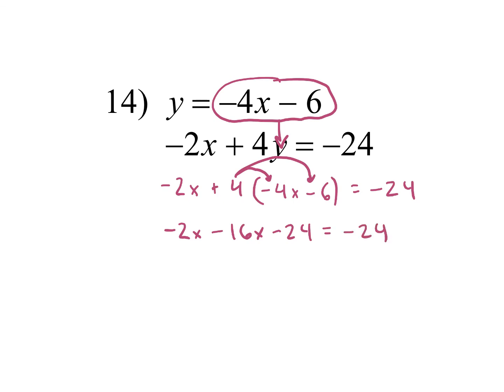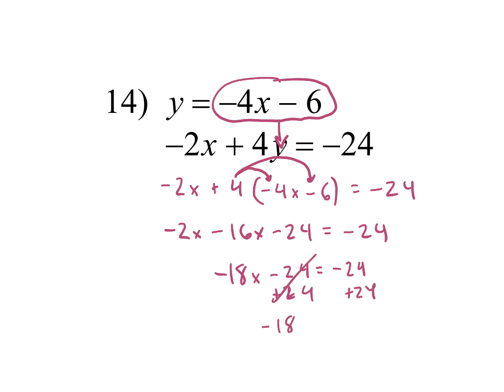What should I do next? Combine like terms. So what's -2x minus 16x? -18x minus 24 equals -24. What's next? Add 24.